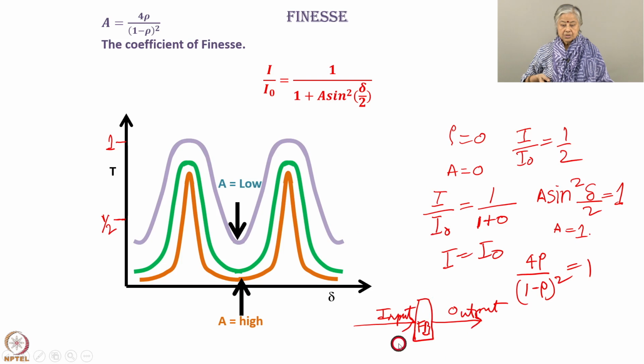I have an input beam, I have an output beam. What I am trying to show here is: is the output beam 0, or is it the maximum, which is 1? Is the transmission of the Fabry Perot 1, or is the transmission 0, or is the transmission half?